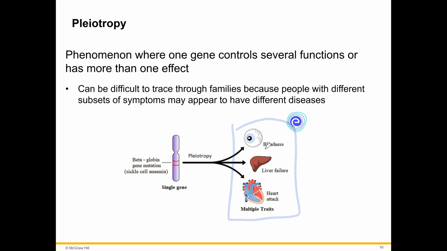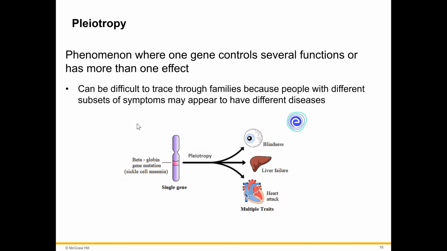It can affect your eyes, and the person is born, for example, blind because of the mutation in this gene. But it's also important for liver function, so the person can be born with liver failure or with heart attack. So multiple traits: it's when one gene controls the function of many organs or has more than one effect on the organs.